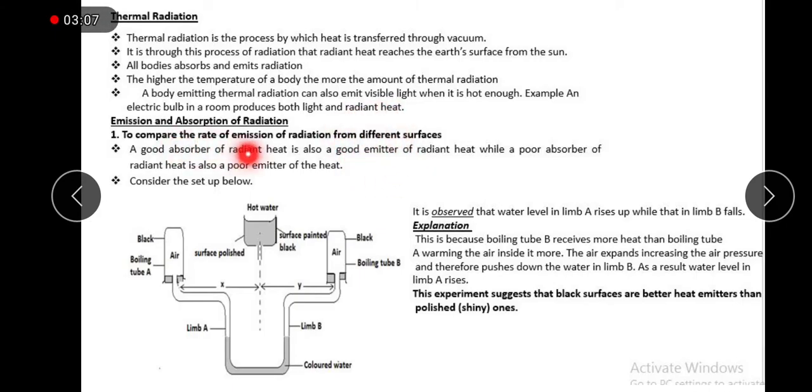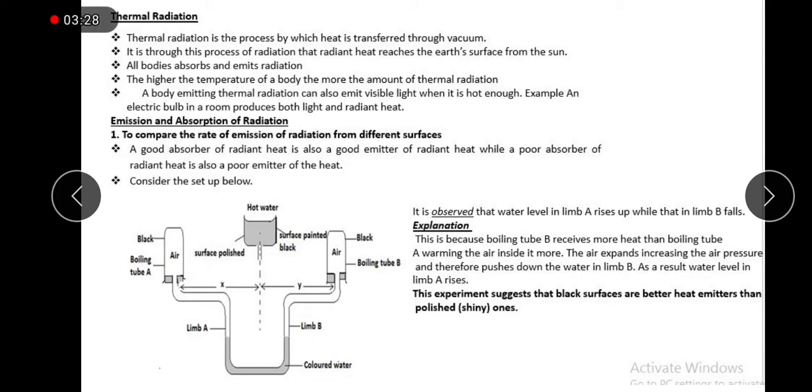A good absorber is also a good emitter. A body that absorbs heat at a lower rate will also emit that same heat at a lower rate. Therefore, a bad absorber is also a bad emitter of heat.